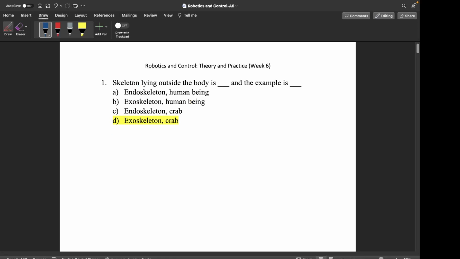The first question is pretty straightforward. Skeleton lying outside the body is exoskeleton, and the example is crab. Exoskeleton and endoskeleton are the two terminologies. Exo and endo, as prefixes, mean outside and inside.